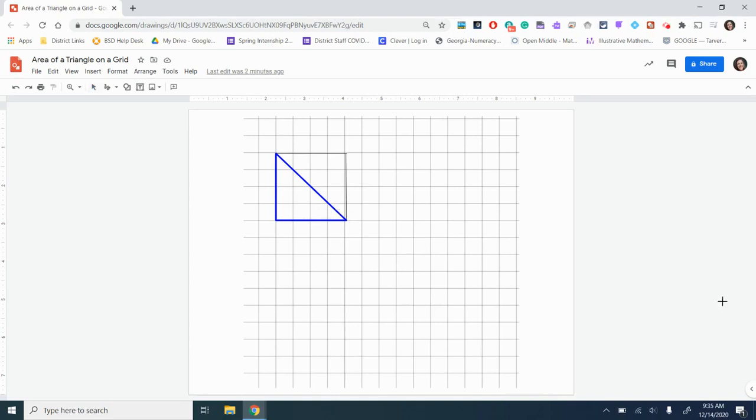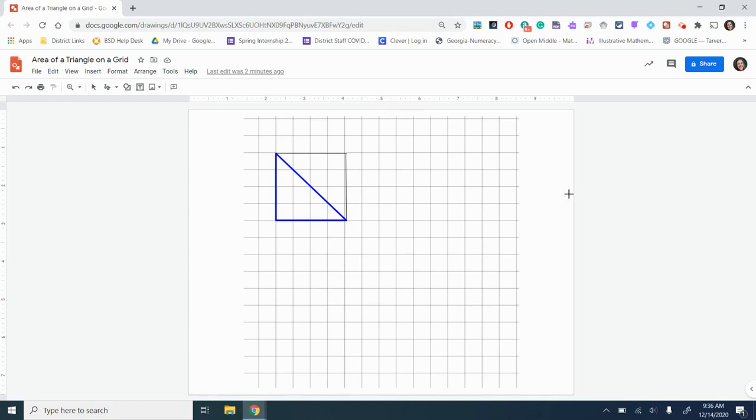We can also find the area of a rectangle by counting up the number of square units in a row, 1, 2, 3, 4, and multiplying that by the number of rows, 1, 2, 3, 4. 4 times 4 is 16. 4, 8, 12, 16. So there are 16 square units.